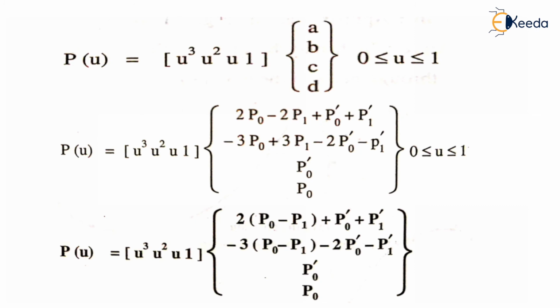This is the coefficient matrix of our first form. So P of u is [u cube, u square, u, 1] times [a b c d]. Here we replace [a b c d] with our derived form: 2 into P naught minus P1 plus P naught dash plus P1 dash; minus 3 into P naught minus P1 minus 2 P naught dash minus P1 dash; P naught dash; P naught.